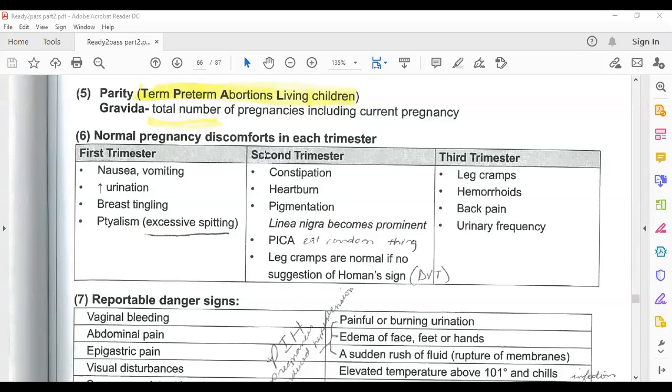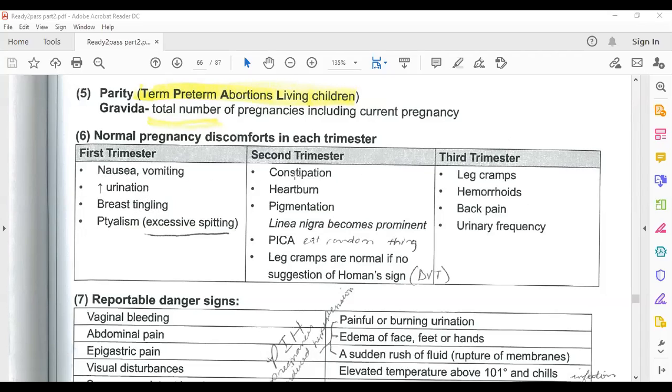So here we go, the first trimester: usually nausea and vomiting, increased frequency of urine, breast fullness and tingling, right? It is important to know that nausea and vomiting in the first trimester is normal. But nausea and vomiting will disappear in the second or third trimester.